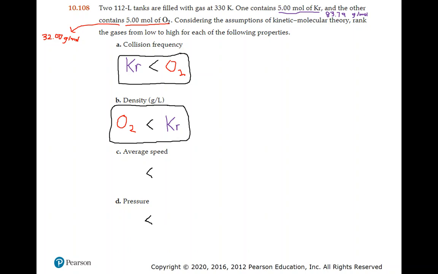And since the krypton particles are a lot heavier, they're going to have a lower speed for the same amount of kinetic energy. So in oxygen, the average speed of the gas particles will be considerably higher than it will be in krypton.